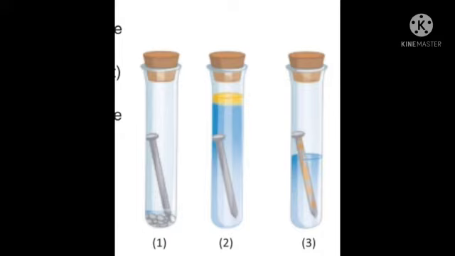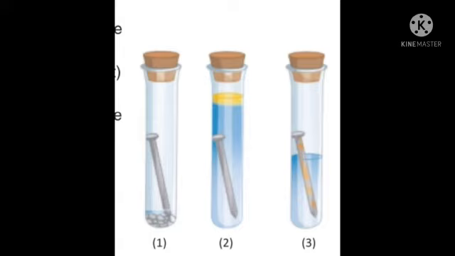Pour boiled and distilled water into test tube 2 and add some vegetable oil to keep out the air. Boiling the water removes dissolved oxygen. In test tube 3, pour a small amount of tap water. Plug the mouths of all three test tubes using rubber stoppers. Keep them undisturbed for 3 to 4 days.